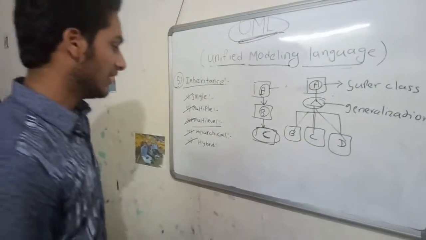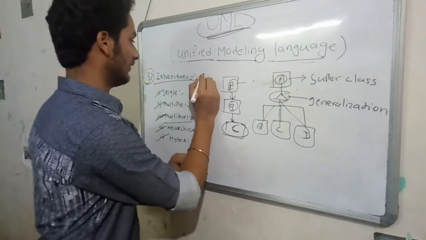And the next one is hybrid inheritance. Let's see. We'll draw it over here.